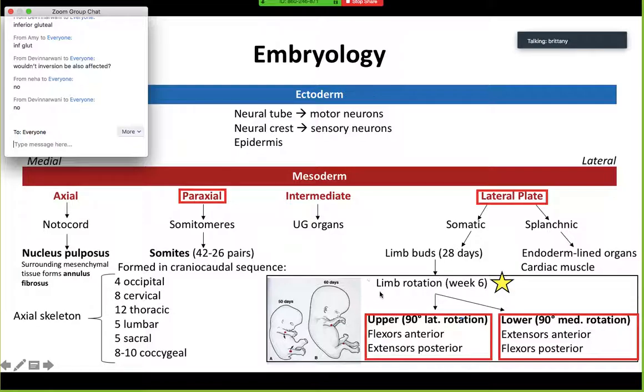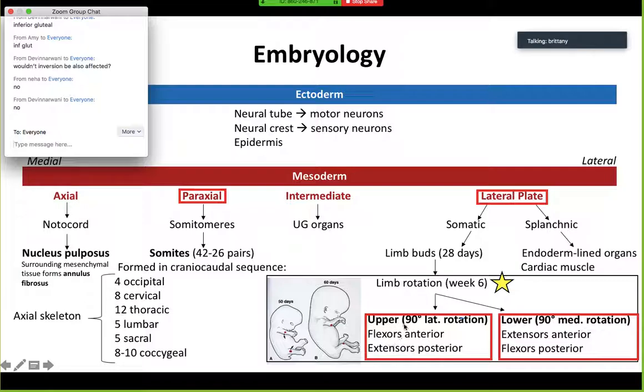In limb rotation, right here and right here, extremely important to know. Your upper limbs are going to rotate 90 degrees laterally. This results in your flexors being located anteriorly and your extensors being located posteriorly. Unfortunately for this lecture, you are going to need to remember a little bit of upper limb.